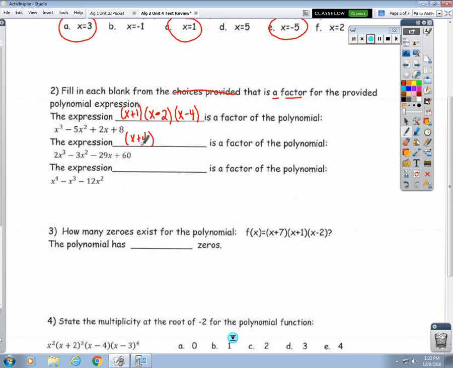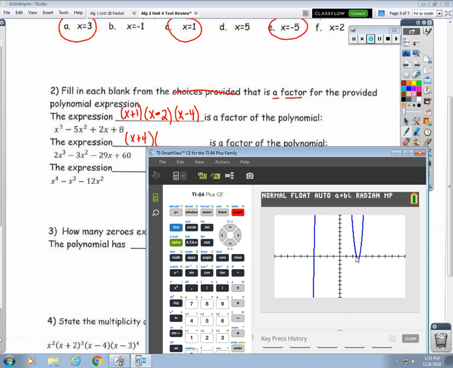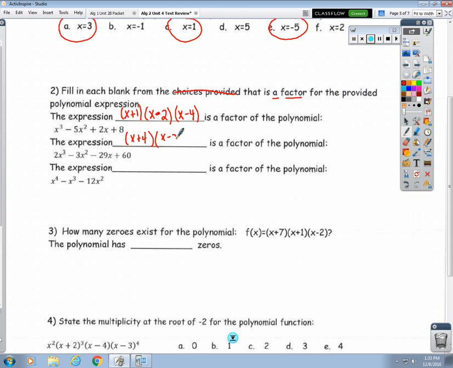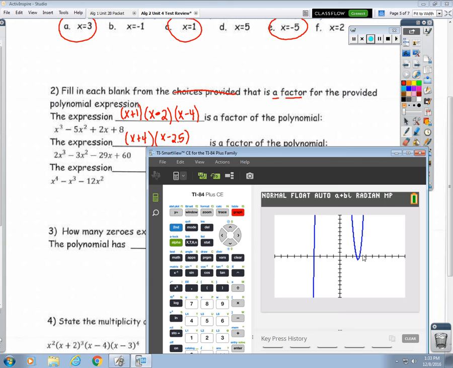So technically, you're done after you do that part, but we'll just do the other 2 for practice. Okay, where's this next one located? Isn't that in between 2 and 3? So we'll say like 2.5, so wouldn't that be x minus 2.5? And then where's the third one? 3, so x minus 3.